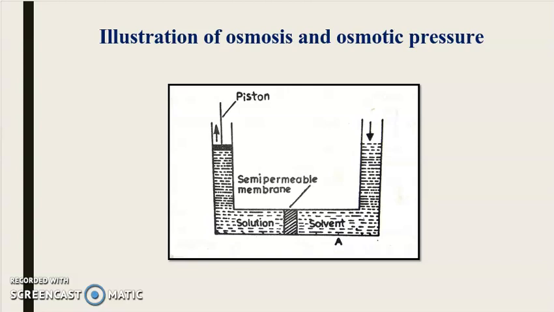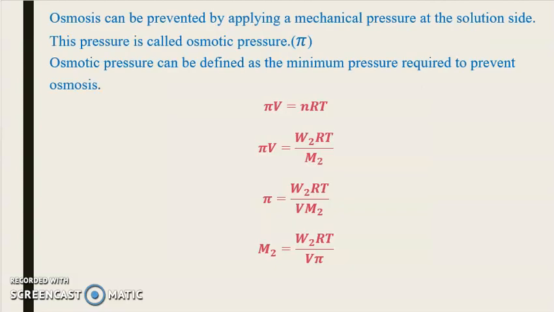So, to maintain the piston in the original place, we have to apply pressure on the piston. That pressure is termed as osmotic pressure. So, osmotic pressure can be defined as the minimum pressure required to prevent osmosis.